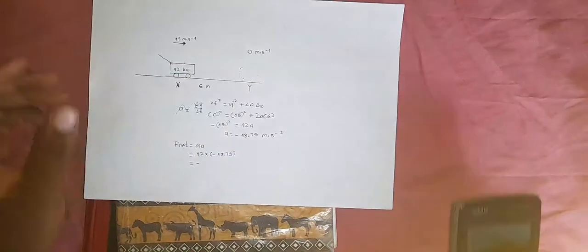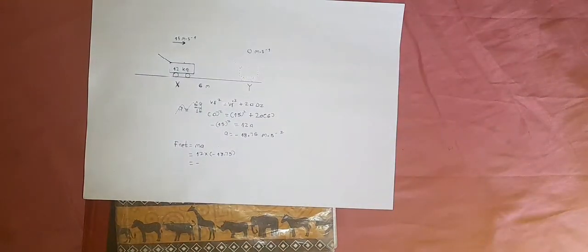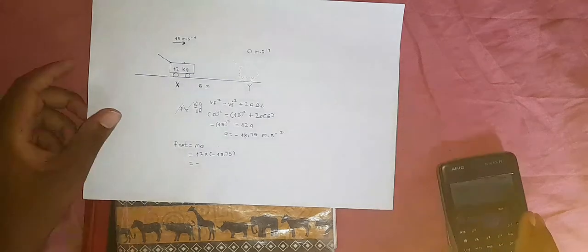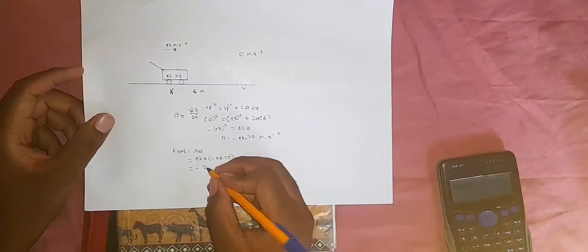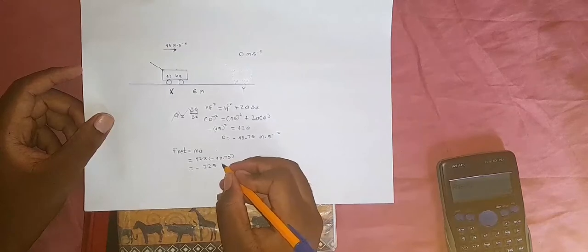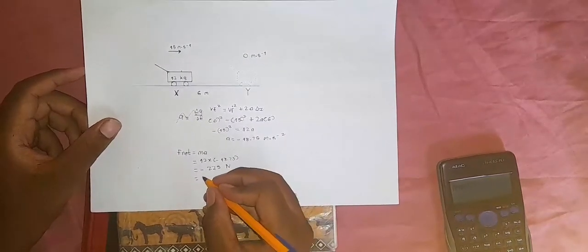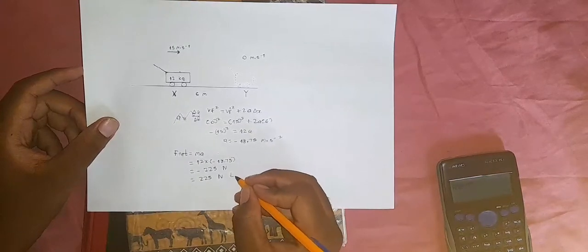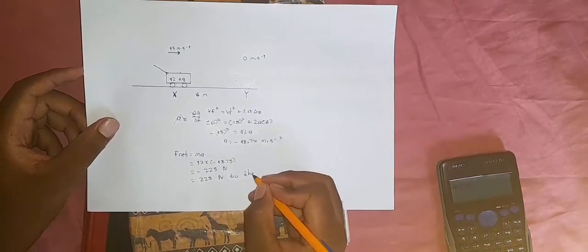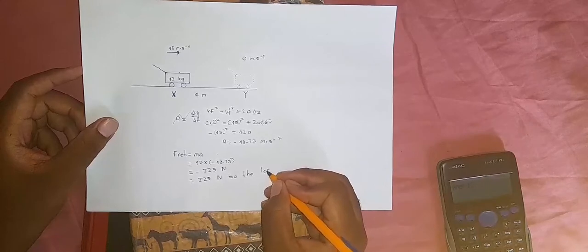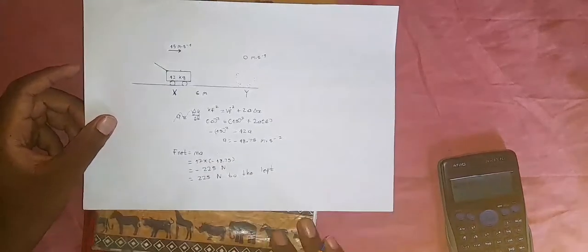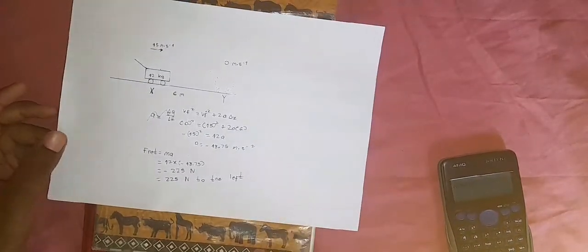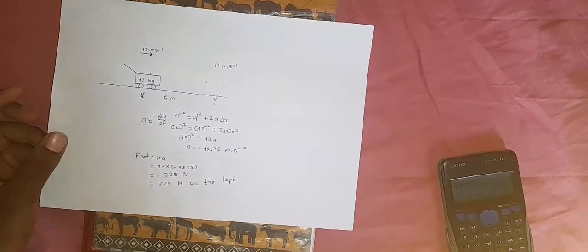The F net here is in the opposite direction, giving negative 225 Newton, or you can say 225 Newton to the left.